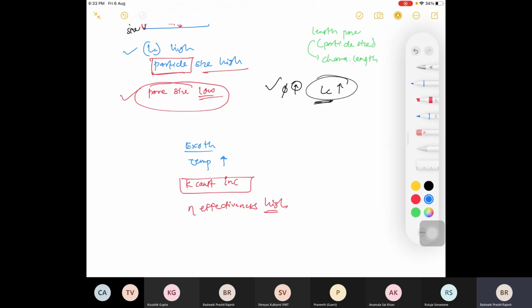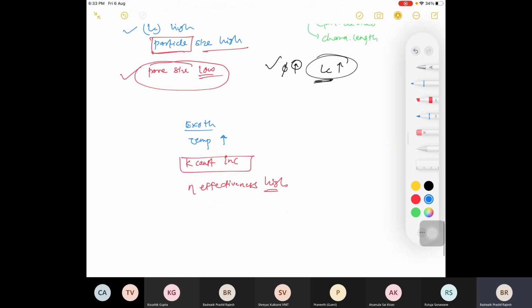That means you are getting higher conversion, I can say in simple words. Okay, so this is about exothermic. What about endothermic? There will be a decrease in temperature. When temperature decreases, your K will decrease. That means your effectiveness factor will decrease. Okay, so this is just a brief introduction about this.